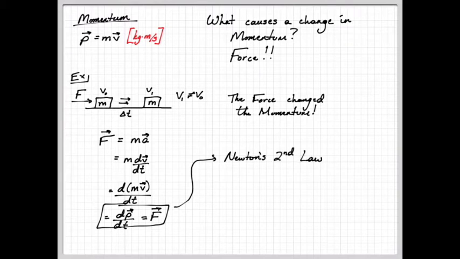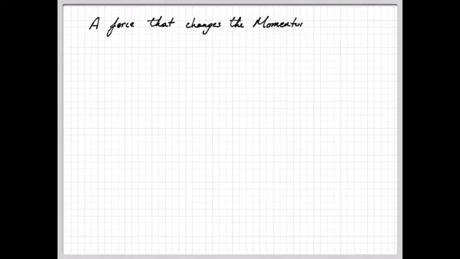This was the formal definition that Newton himself wrote about in his Principia, which of course is the start of all physics, is that a force is simply described as the rate of change of an object's momentum. Now when a force causes a change in momentum, it has a special name. A force that changes the momentum of an object is called impulse.